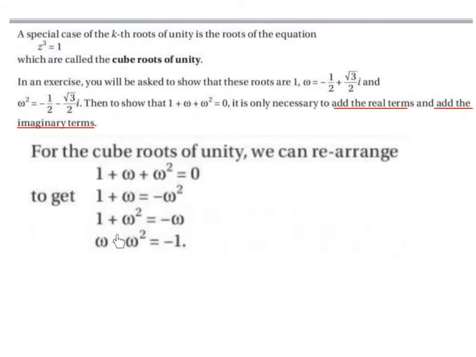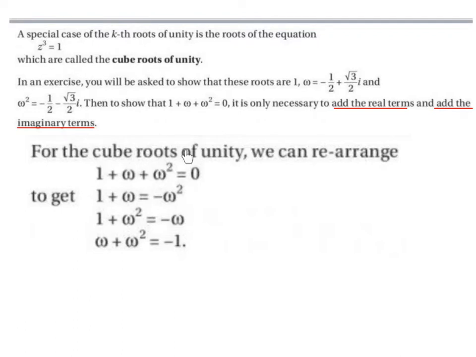So there are many ways to rearrange these, and we may use any of these at any stage in different questions. So this is specifically for the cube roots of unity. That means z to the power of 3, so we go up as far as w squared. So 1 plus w plus w squared is equal to 0, and there are many ways we can arrange this.